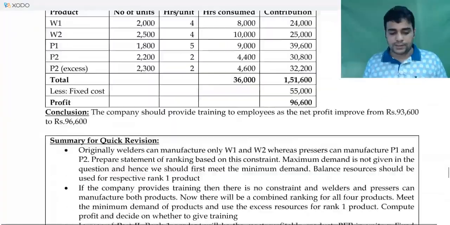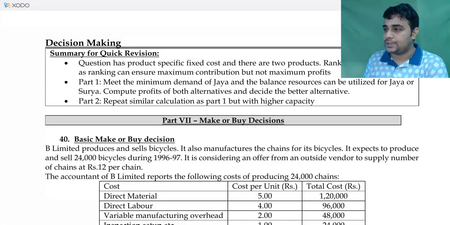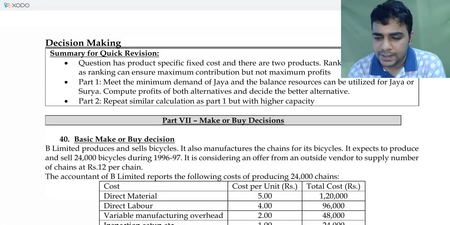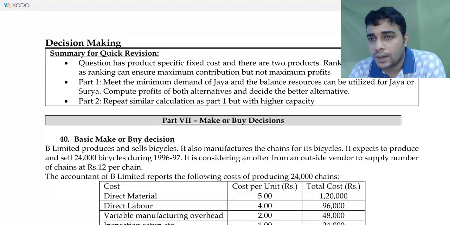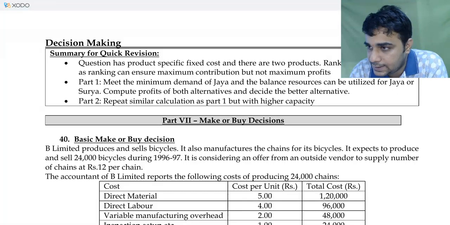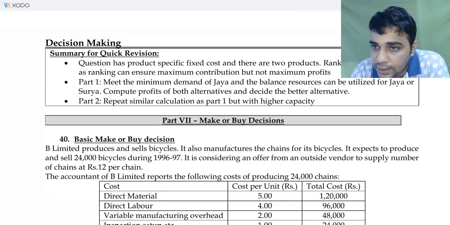To the next area, which is your make or buy decision. Maybe an initial set of discussion on this. What is a make or buy decision? Sometimes an organization, because of capacity constraints, may decide to buy the product from outside instead of making the product within the company.